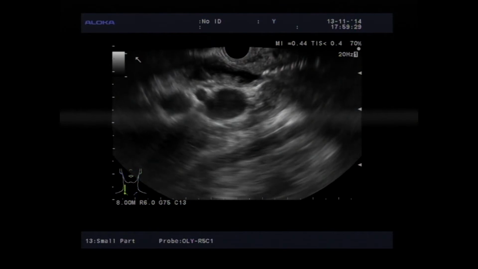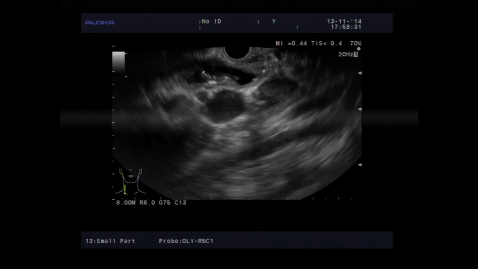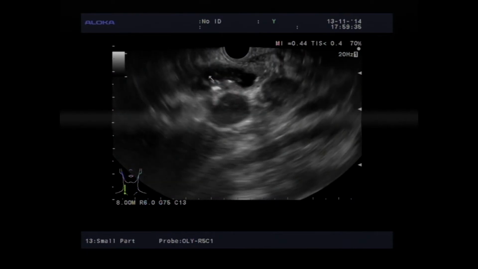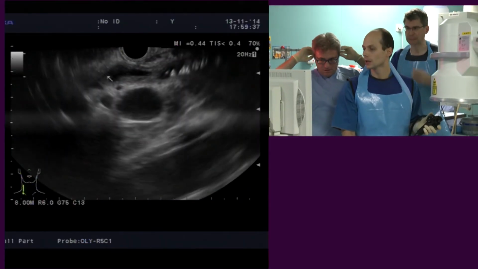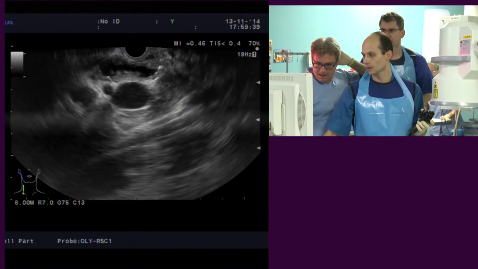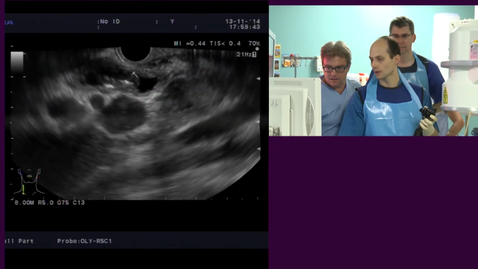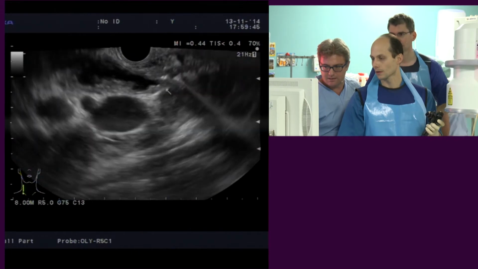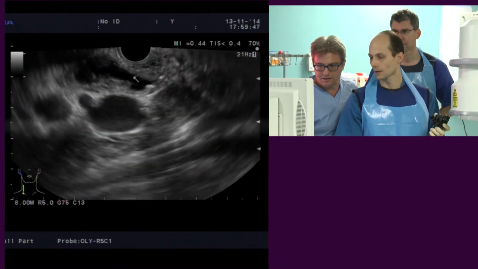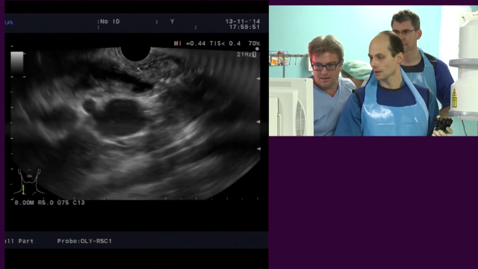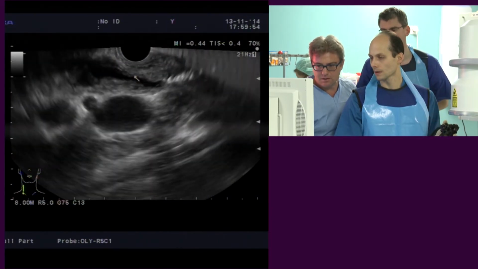I now would like to give the floor to Alberto to say a couple of words about the picture that we see. Yes. So this is the bile duct, and as you can see, there is air inside. Clearly, you just had an ERCP, but the wall of the bile duct is thickened and irregular.